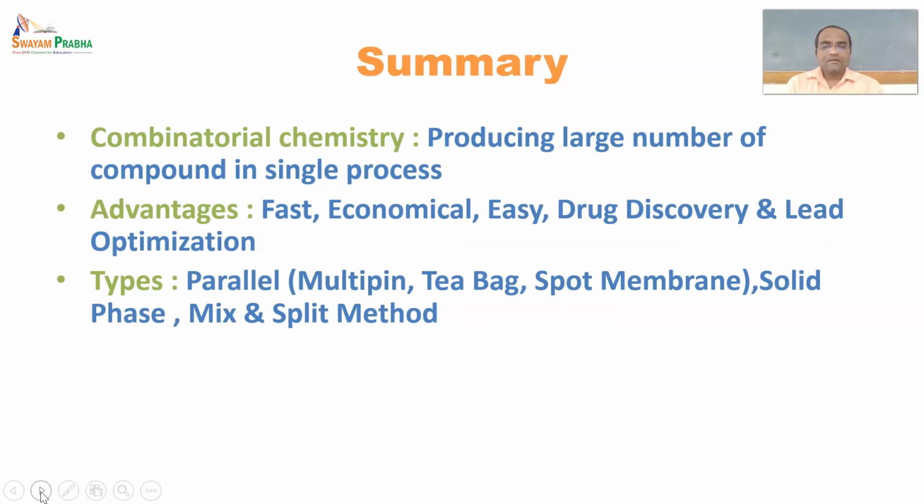In the multipin method, there are 96 wells containing solutions of amino acids or coupling solutions, and pins are dipped into the wells; these pins have polyacrylic derivatives, which form the peptide. After that, we saw the T-bag synthesis method and the spot membrane synthesis method, in which cellulose paper is utilized.